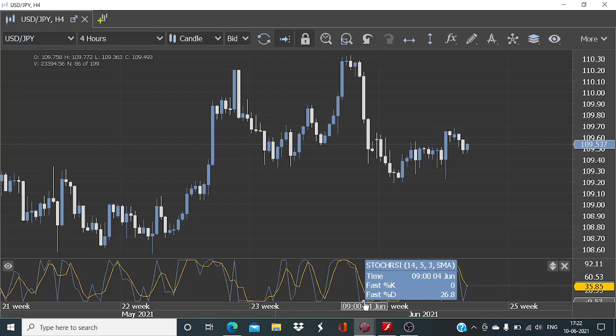So here we will be taking the cluster of 3 4 hourly candles, and in the last one the value should be rising and above 0, but in the 2 4 hourly candles prior to that, we want the fast percent K and fast percent D value to be exactly at 0.